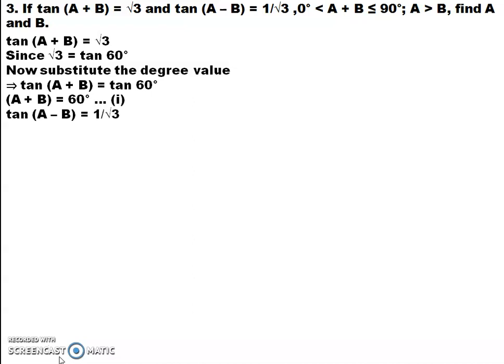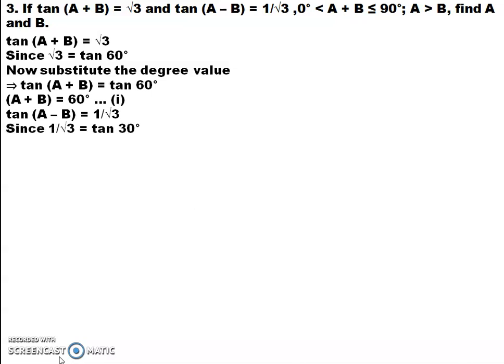Now considering the second data given in your question, tan(A − B) is equal to 1 by root 3. Go back to table 8.1 in your textbook. Just find which angle gives you tan equal to 1 by root 3.